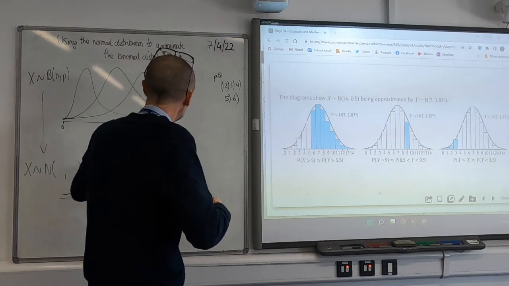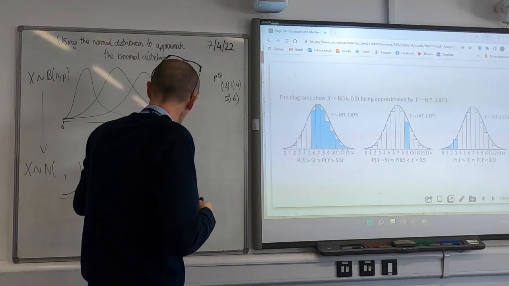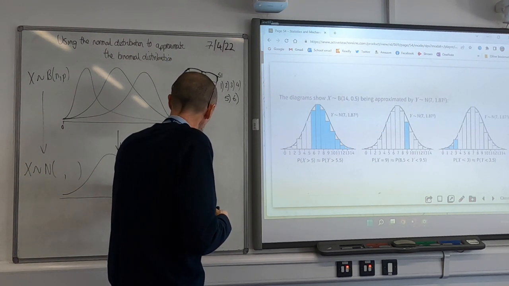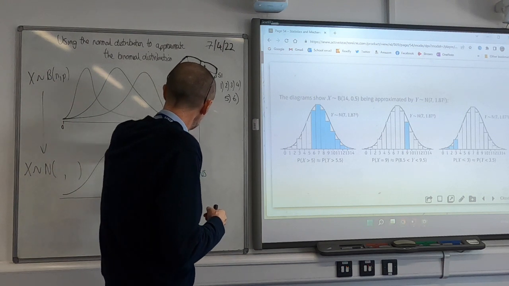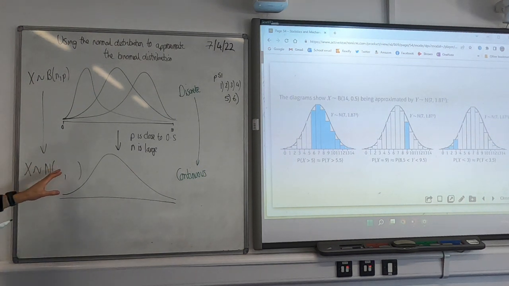The binomial is discrete data, whereas the normal distribution is continuous data. So we've got that problem to address. We'll address that in a minute. And the final problem is that when we describe the binomial, our parameters are the number of times we're doing whatever we're doing, and each time we do it, the probability of success. With the normal distribution, it's the mean and the standard deviation, or the variance, the standard deviation squared.